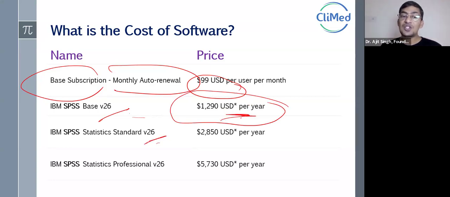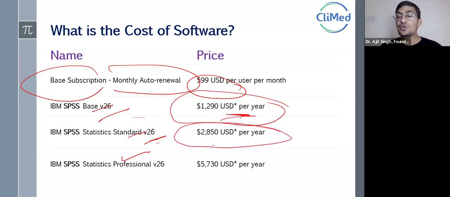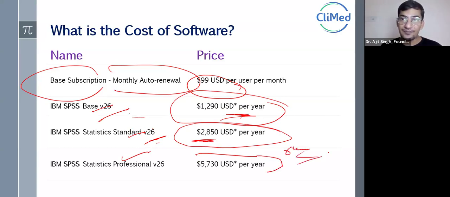Then the statistical versions: there are three, basic, standard and professional. The standard version costs around 2.5 lakh rupees per year. The statistical professional comes to around 6 lakh rupees per year. Including taxes, it comes to around 6 to 8 lakhs per year for the university's professional version. So it is not at all easy. It is a paid version.